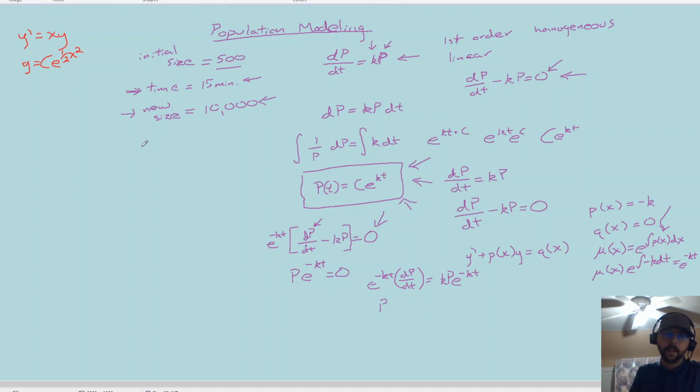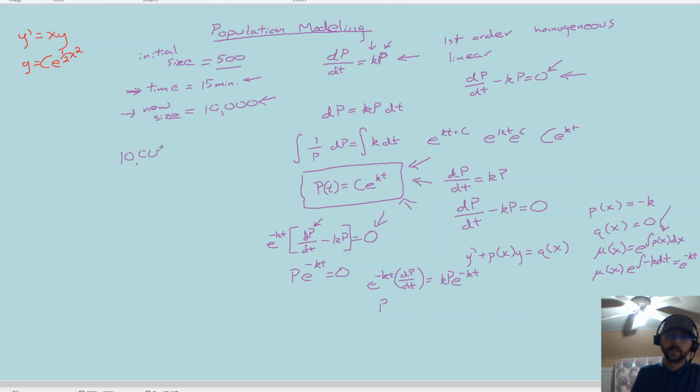So P of t, where t is in minutes, and P of t represents the population at time t. So at time 15 minutes, our population is 10,000.